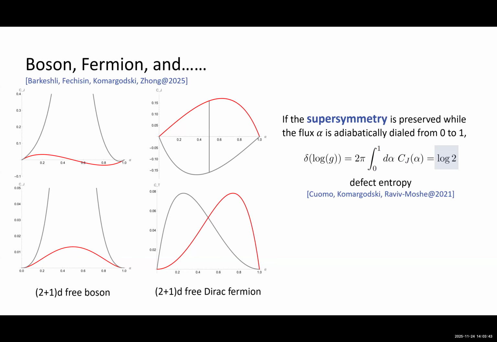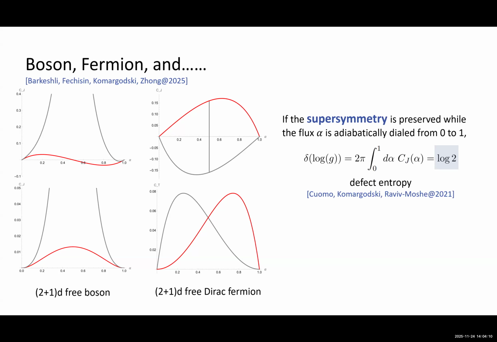One funny fact is that if you consider an N equal to 2 supersymmetric chiral multiplet and you want to preserve the (1,1) supersymmetry along the twist defect, you would find that the IR stable fixed point of the free boson is actually tied with the multi-critical fixed point of the fermionic sector.